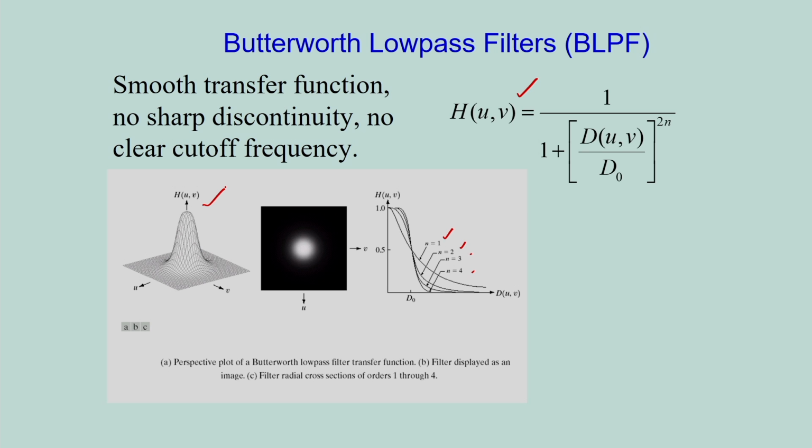In the first case, I have shown the Butterworth filter transfer function. The second one is the filter displayed as an image. I have also shown the filter radial cross sections of order 1 to 4. In the case of the Butterworth filter, if I consider a low order, there is no sharp discontinuity and no clear cutoff frequency. If I consider a high order Butterworth filter, it approaches the ideal low pass filter.